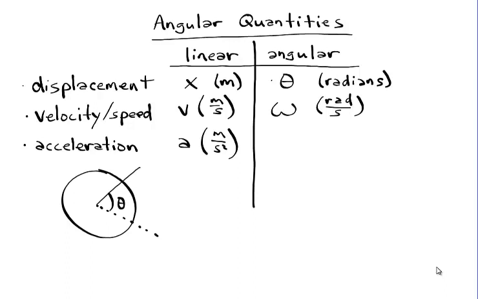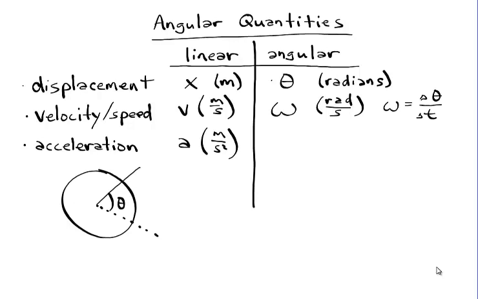The definition of an angular speed or velocity is very similar to the definition for a linear speed or velocity, which is that the angular speed is the change in displacement over time. You can see that it's basically the same thing we did before, except now we're using different symbols.